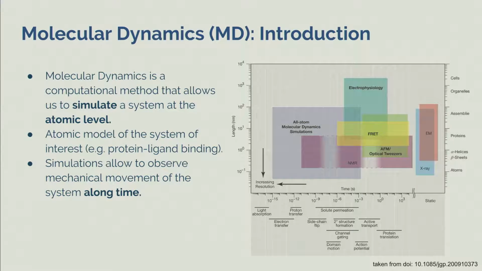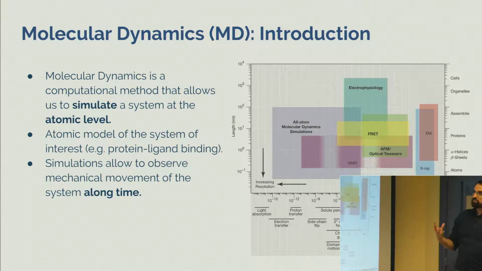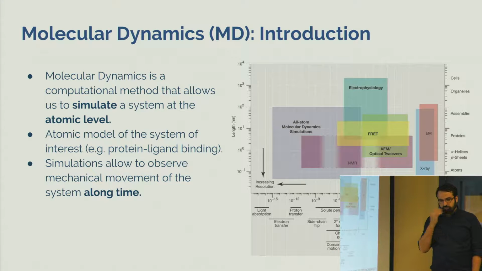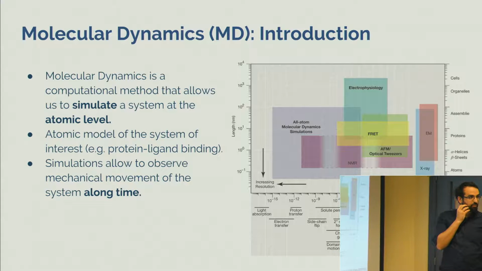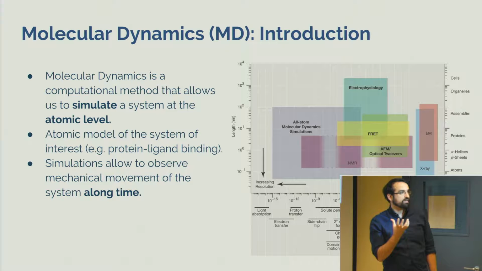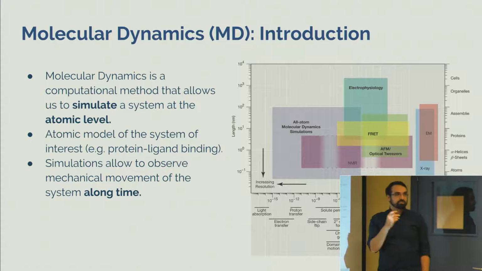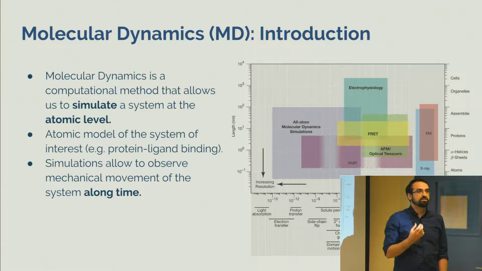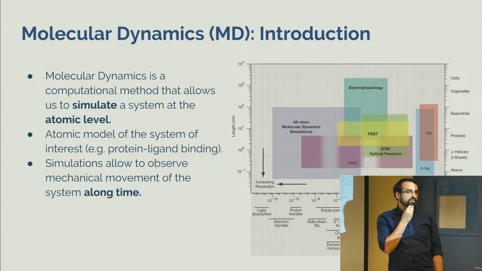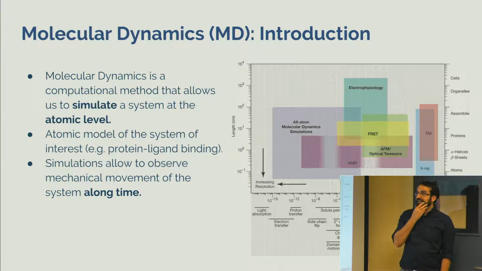Molecular dynamics is a computational method that allows you to simulate a system at the atomic level. We talked before about protein structures, so atoms in space, but they are just like a still image, right? But we know that atoms are not still. They are moving, they are dynamic.